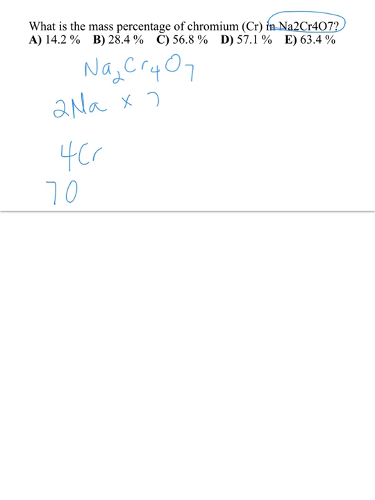So this is 2 times, if you look at the periodic table, the mass of sodium, which is 23 grams per mole. Chromium is 52 grams per mole, and oxygen is 16 grams per mole.